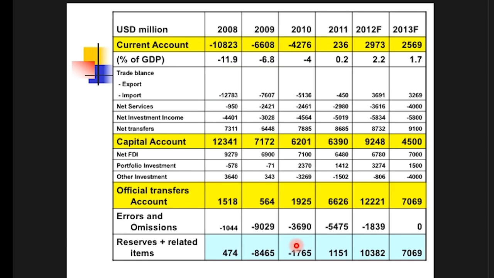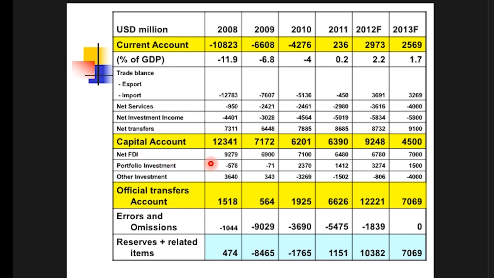That is why you will see different signs in this table. Sometimes it's positive and sometimes it's negative. If an item has a positive value, it means that the inflow of payment is higher than the outflow of payment for this item.